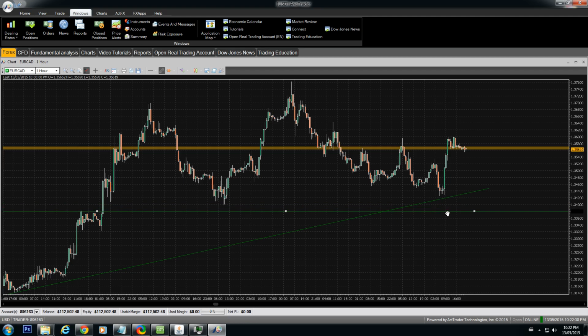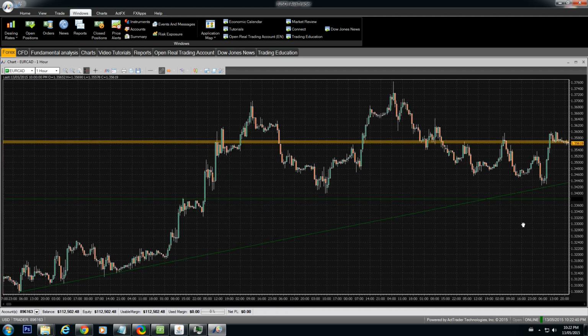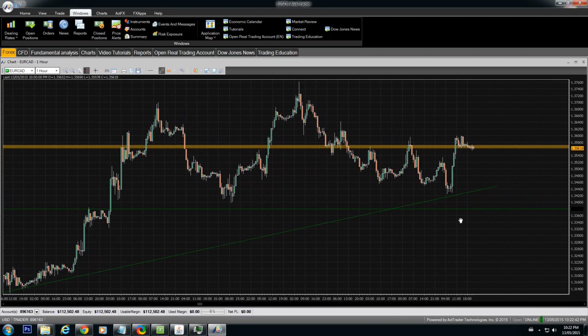And if it does go there, our stop loss will have to be, this is where it gets hard, because if we go too high, then it's going to be too much risk for such little reward.